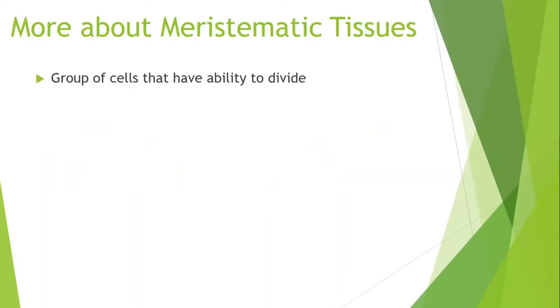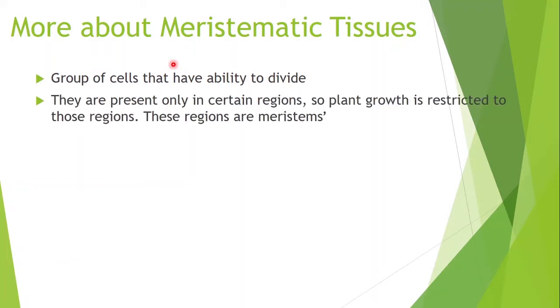In the previous slide we already learned that the group of cells that have the ability to divide are known as meristematic tissue. As I mentioned, in the case of a plant, growth is limited to specific regions, and those regions are known as the dividing regions. So what kind of cells should be present in those regions?